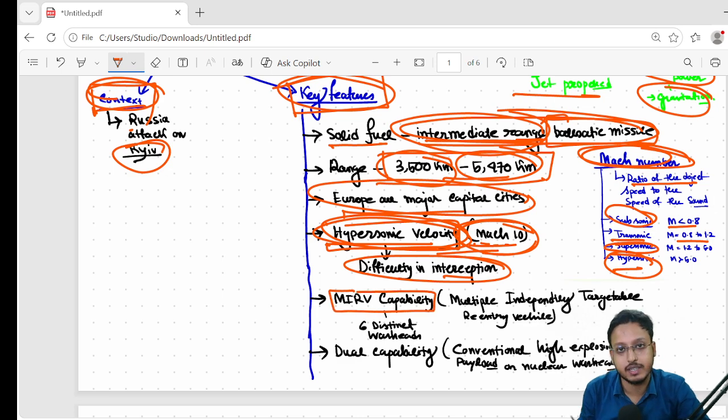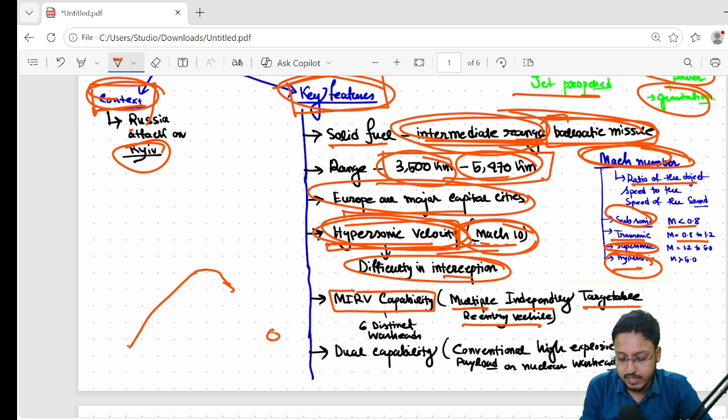Now you have to understand one more thing included in this missile technology, that is MIRV capability. What is MIRV? Let's break down the word. MIRV stands for multiple independently targetable re-entry vehicle. For example, suppose a missile was launched and now it is coming through the atmosphere, and this is an enemy target.